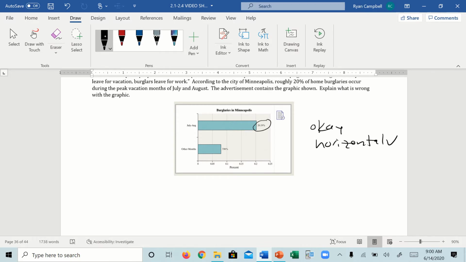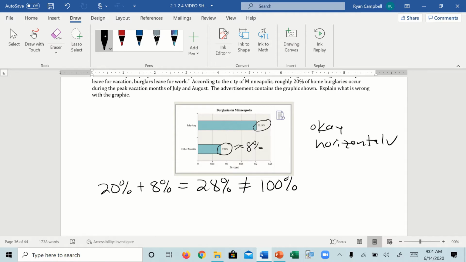What percentage do we have here? This is about 8%, right? What's interesting about that? What might be a problem with this? So 20% and 8% is 28%. Why might that be a little weird? Because it should equal 100%, right?